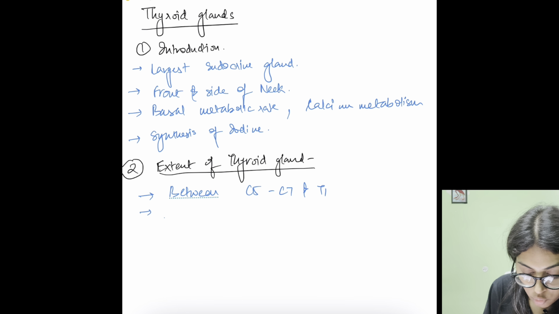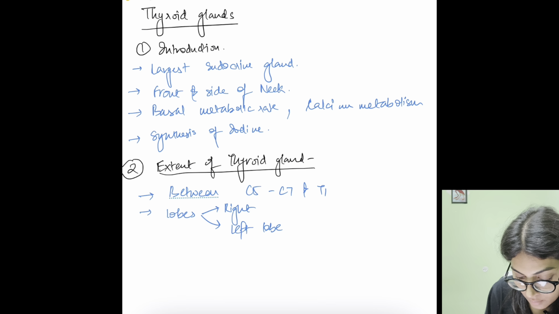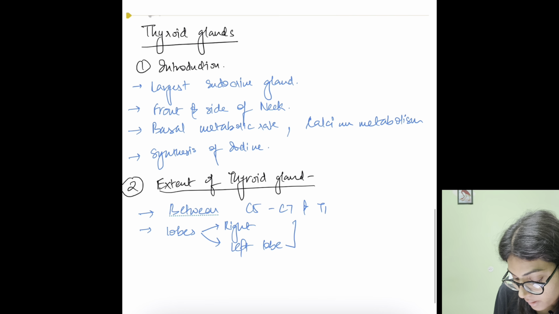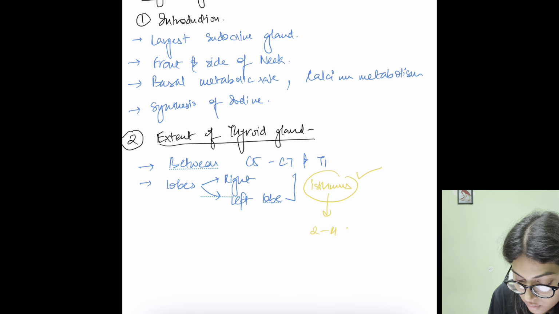It is divided into two lobes, right and left lobe. These two lobes are connected by the isthmus, and the isthmus is present between the second and the fourth tracheal rings.